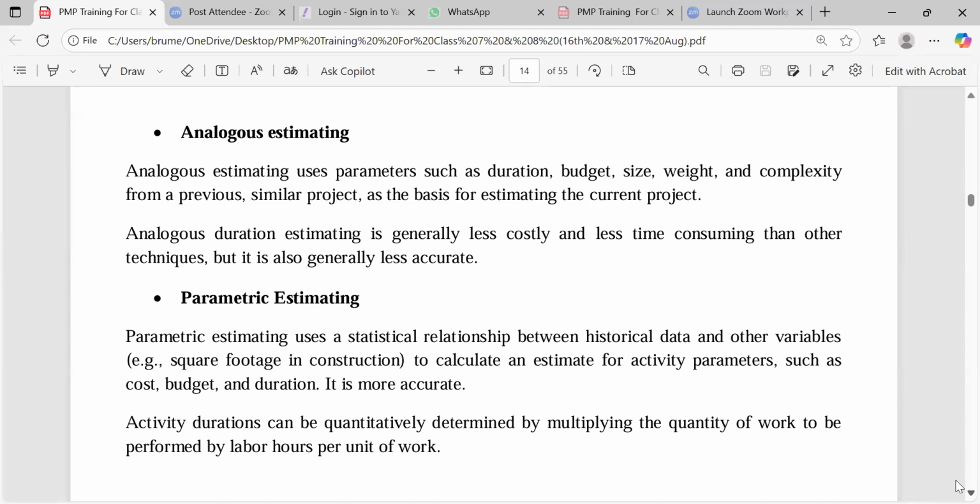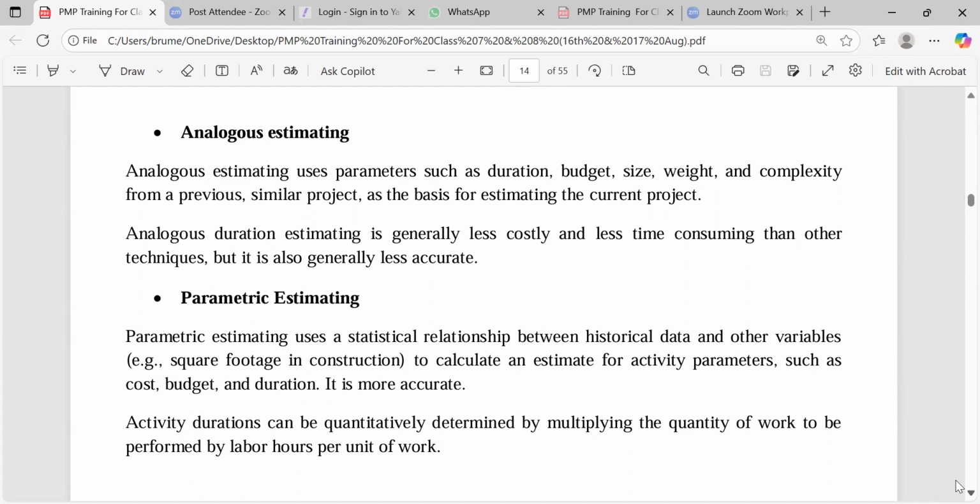You now start telling him, I did a project like this several years back, and the scope are similar, only that this one is like this and that, historical. So in the beginning, when we are starting up the project, the kind of estimate we have is analogous estimating. It uses parameters such as duration, budget, size, weight, and complexity from a previous similar project as the basis for estimating the current project.